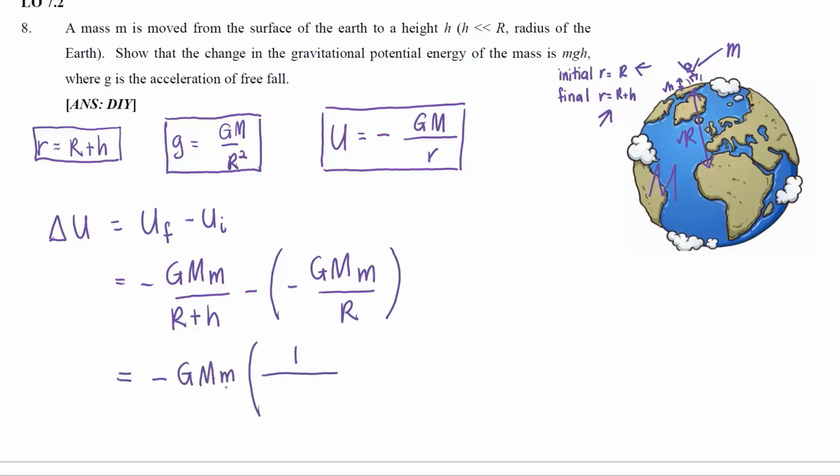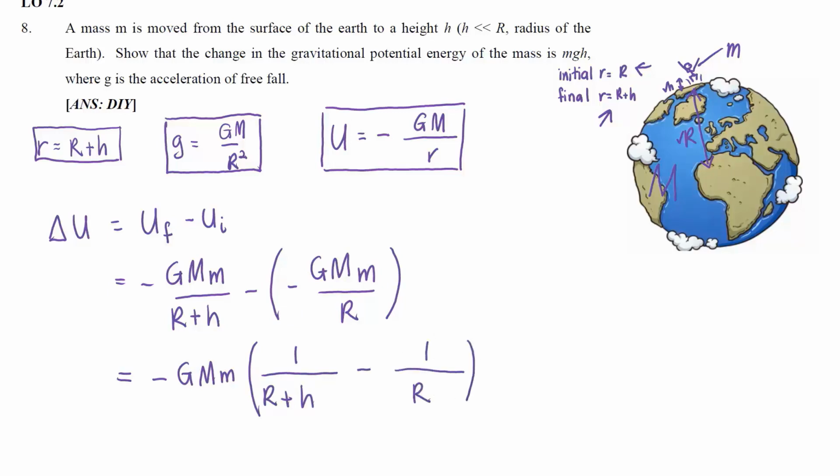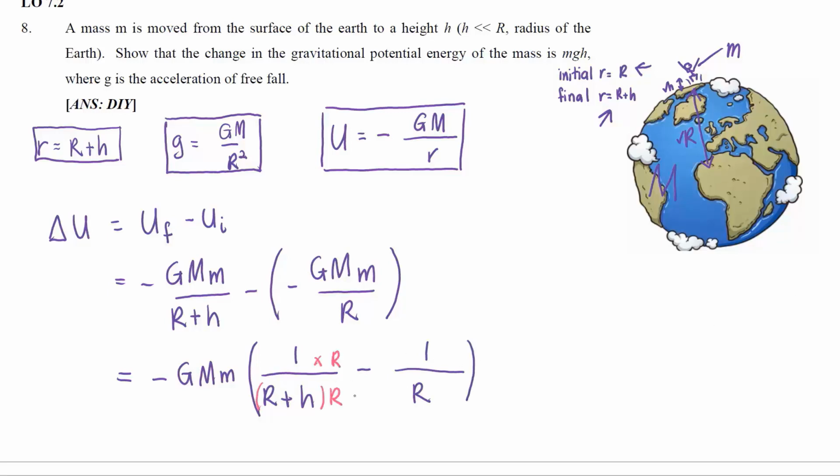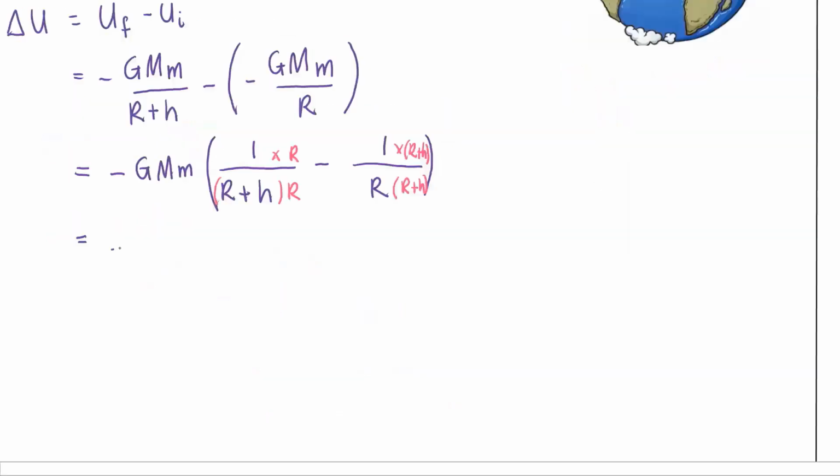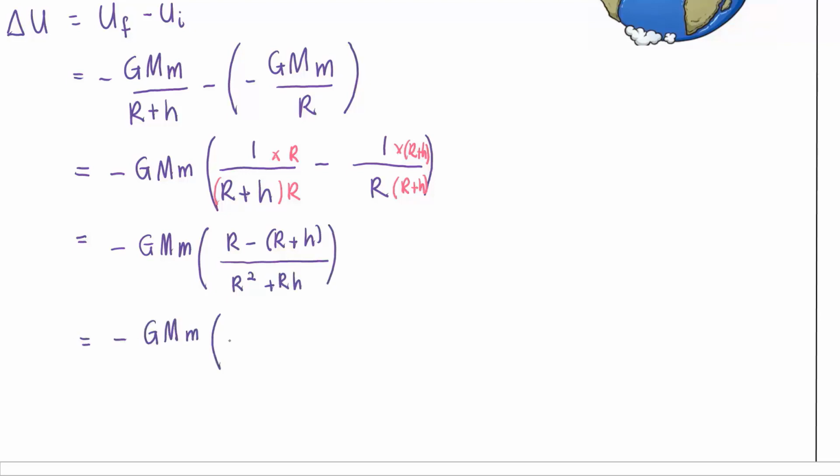I'm factorizing the negative GMm, times 1 over R plus h minus 1 over R, and then we equalize the denominator, we cross multiply. So it becomes R minus R plus h over R squared plus Rh. So we cancel out the R on the top. So we get negative GMm times negative h over R squared plus Rh.